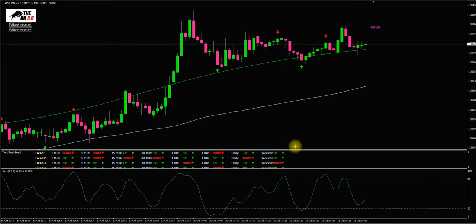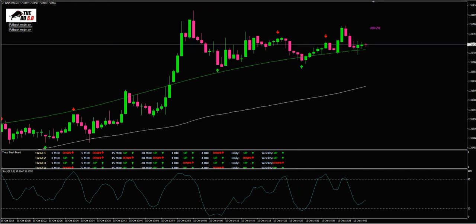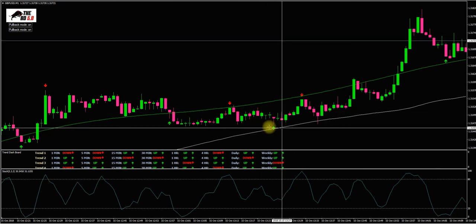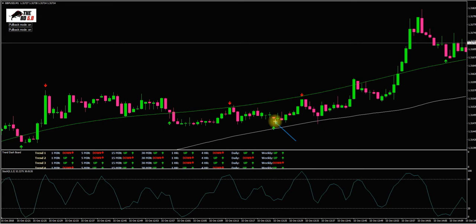Even though the stochastics was oversold, the signal candle was not in between the lines fully. We're looking for something like this here. This here is a perfect example. This candle is in between the zones. That's what we're looking for with this setup.